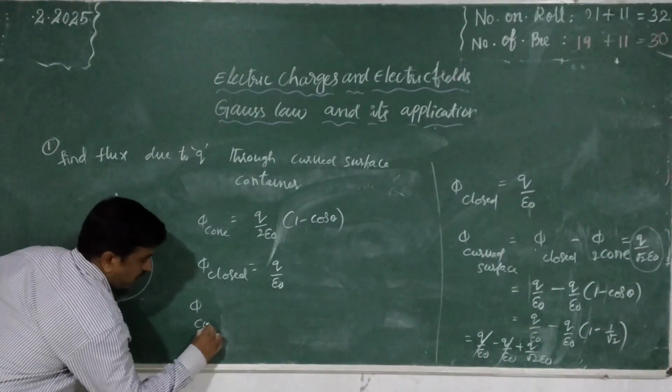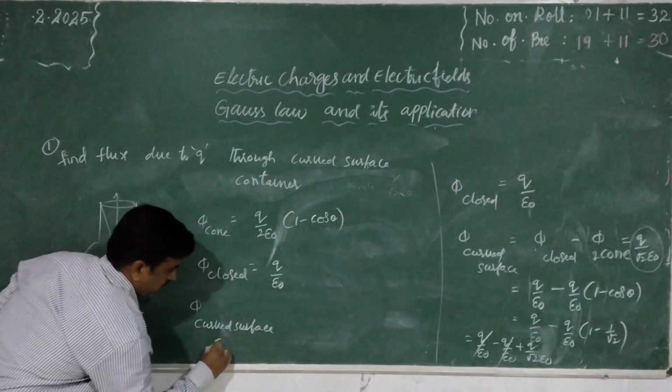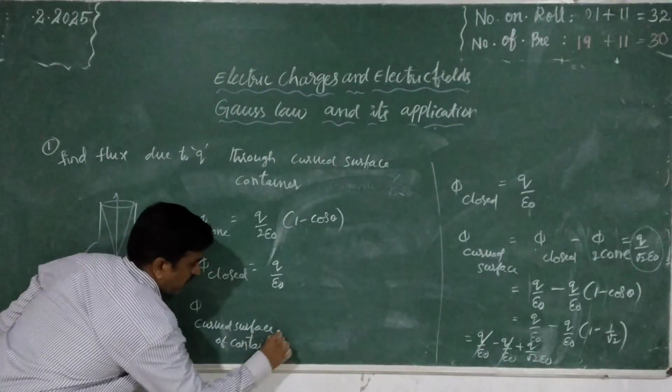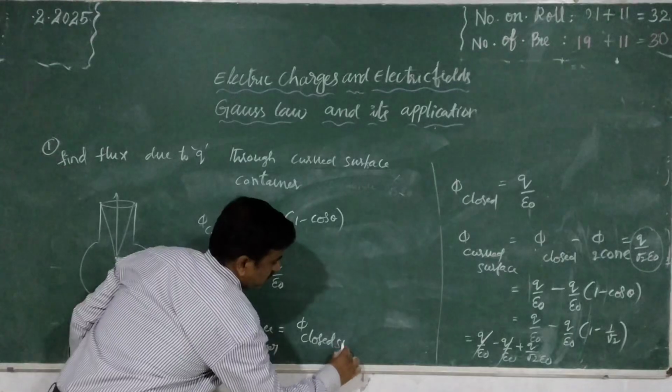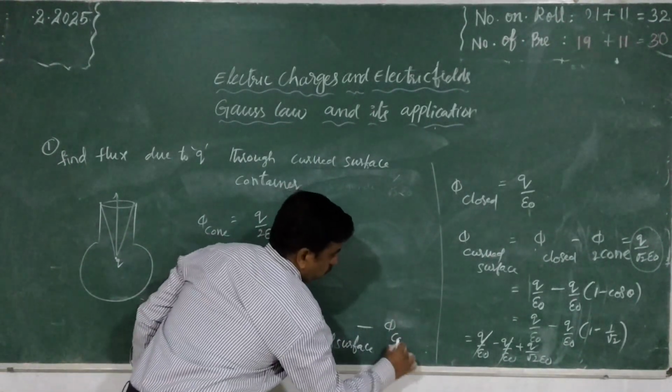For that we can write: flux through the curved surface of the container equals flux through the closed surface minus flux through the cone.